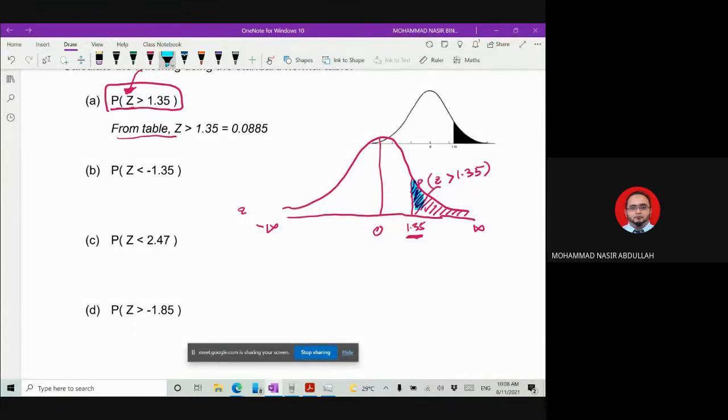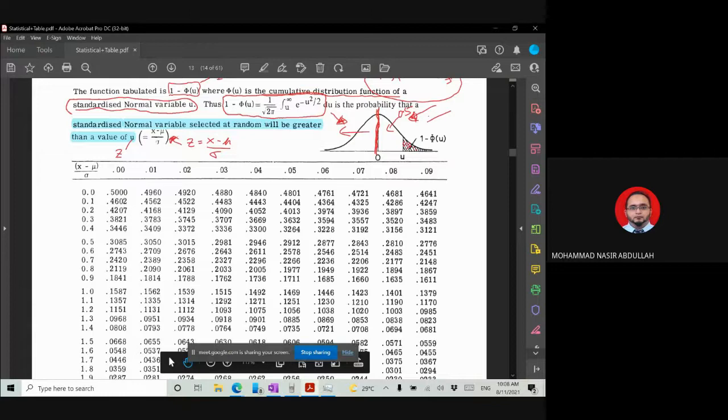Let me highlight this so you can see it. So this is the area we want to find, the same as illustrated in this table. This table gives the value to the right hand side. We have columns and rows, and each column and row represents X minus mu divided by sigma, which is the z value.